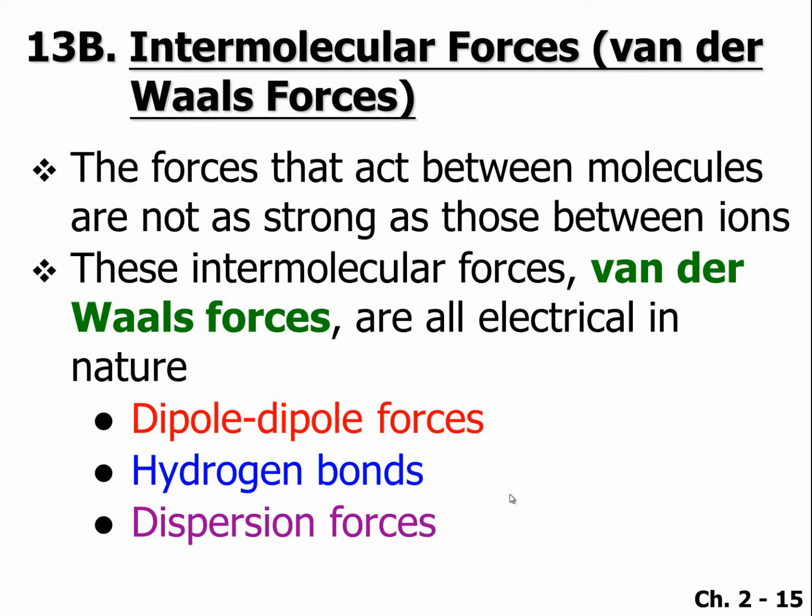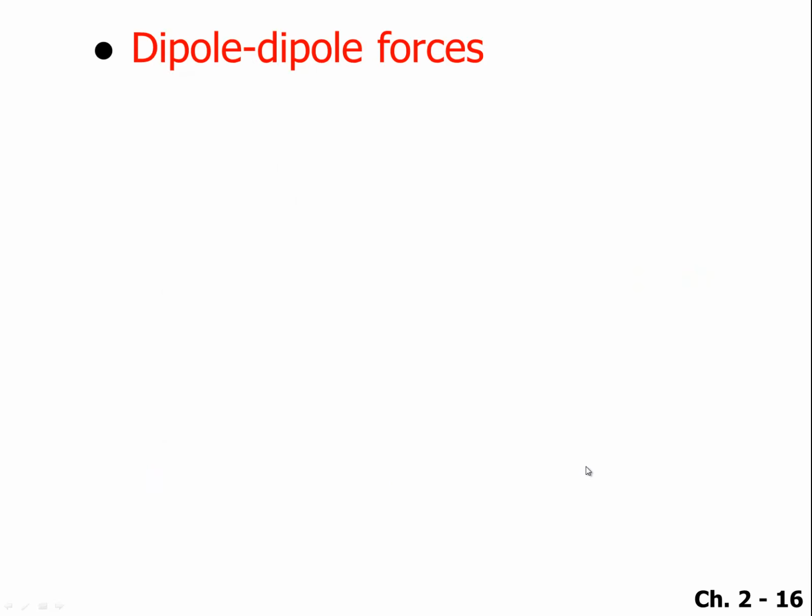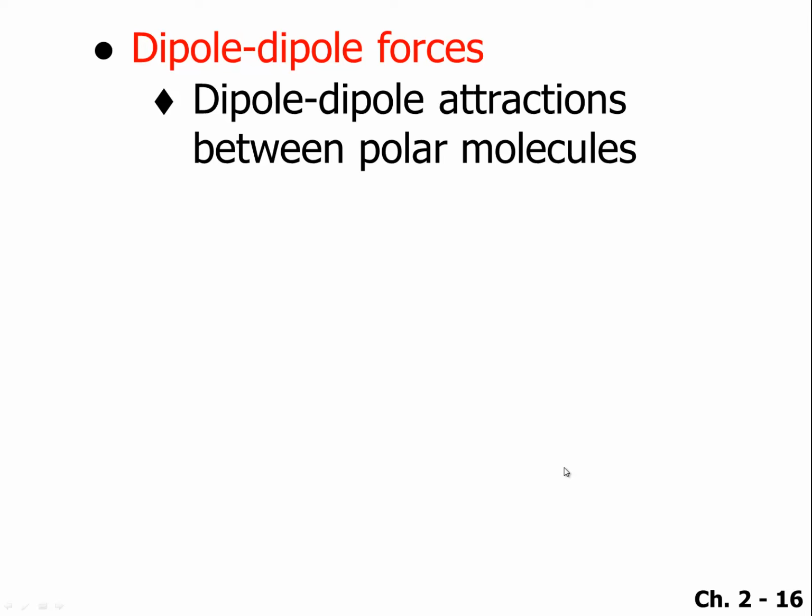All right, so when we're looking at our dipole-dipole attractions, and actually hydrogen bonds are a type of dipole-dipole, you'll notice that we have attractions between our polar molecules. So in the last section, we tried to determine what was a polar molecule, right?